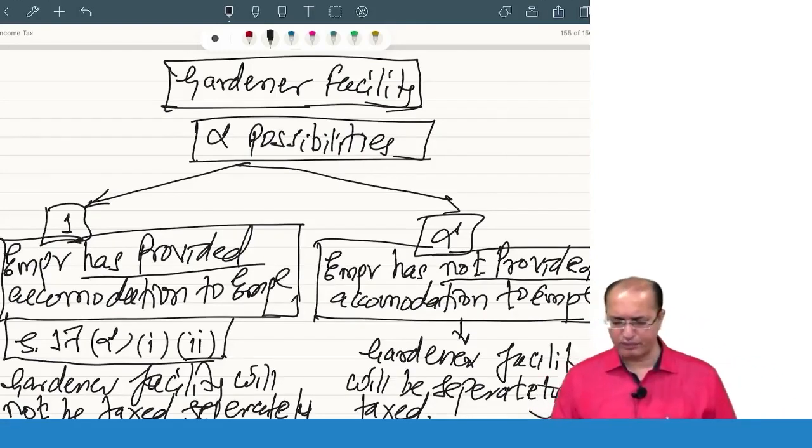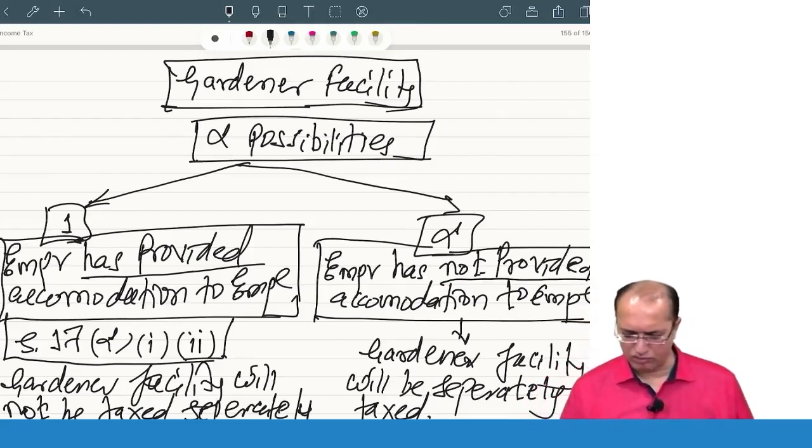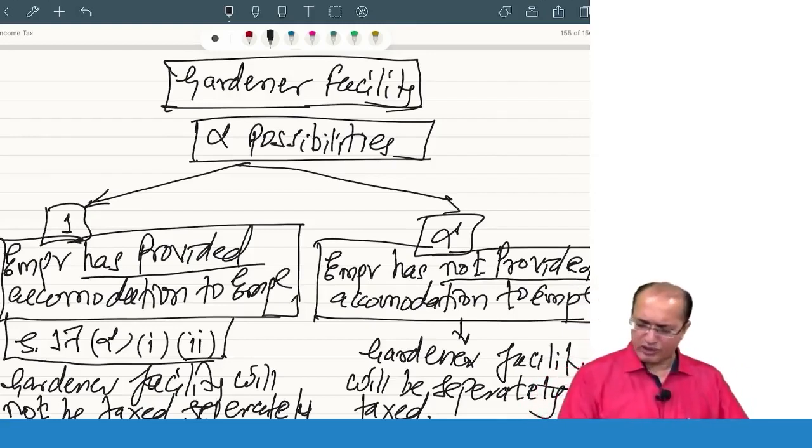Have you understood this point very clearly? Yes or no? There is no need to write, it is already written in the form of a note.